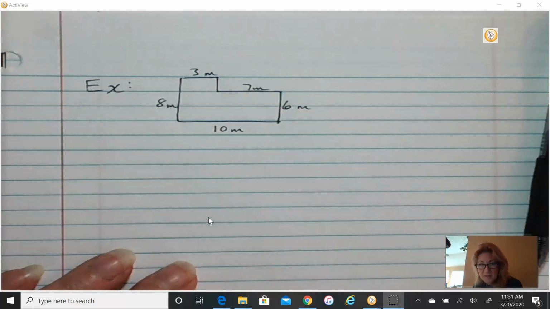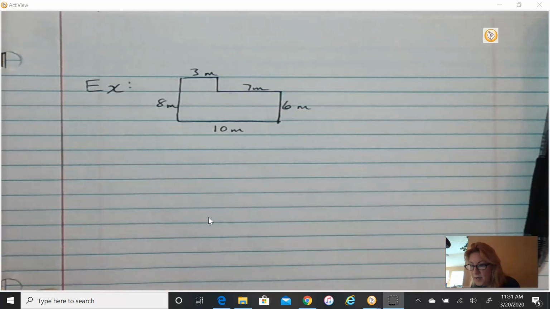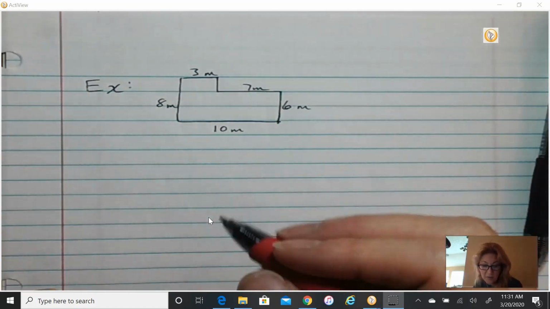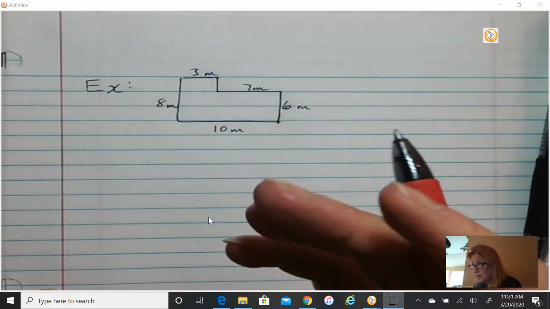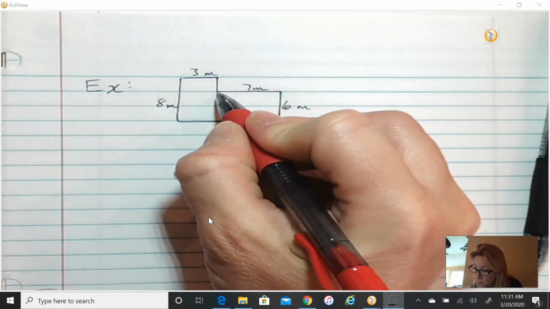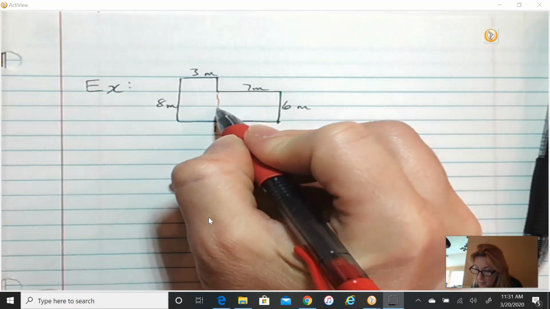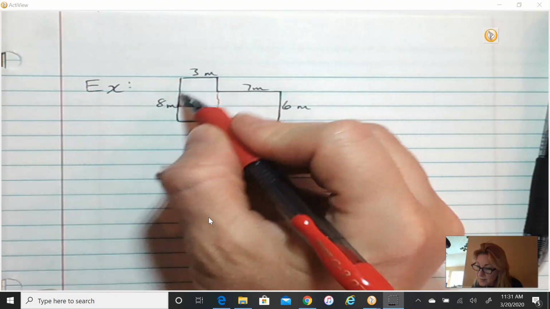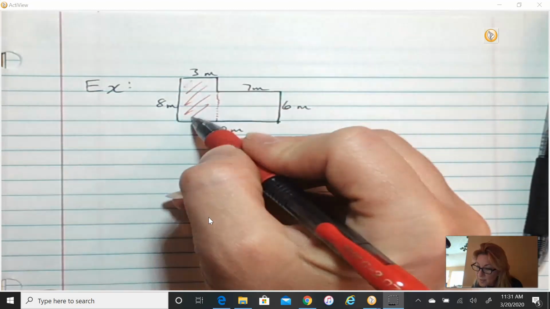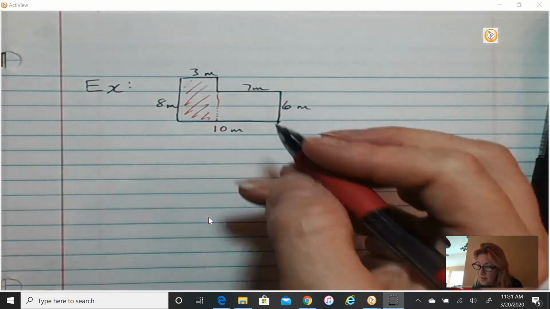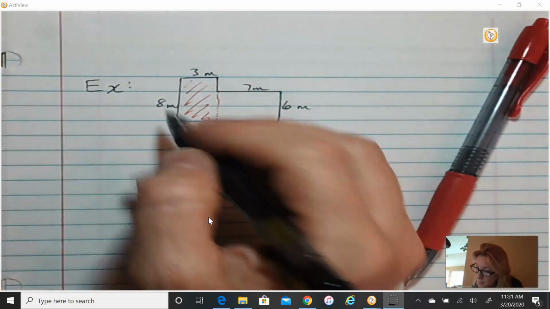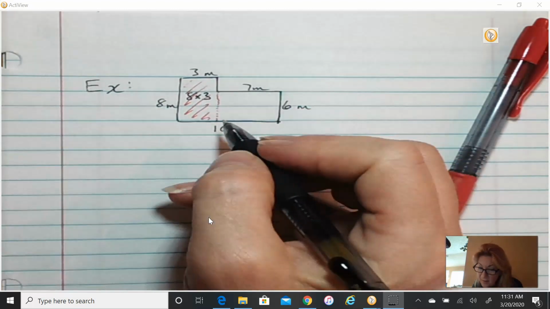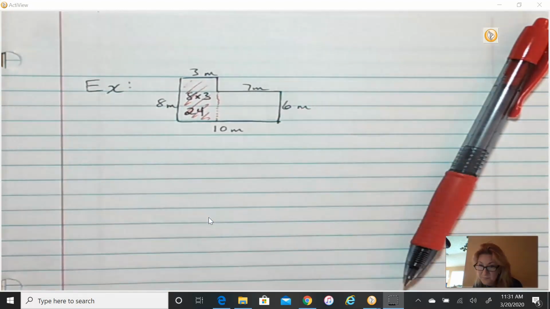So what you're going to do is break it up. You're going to break it up into 2 different boxes that you can work with. You could even break it up into 3 if you need to. So I'm going to draw this dotted line right here. Then what I have really is 8 times 3 for this box right here. That gives you 24.